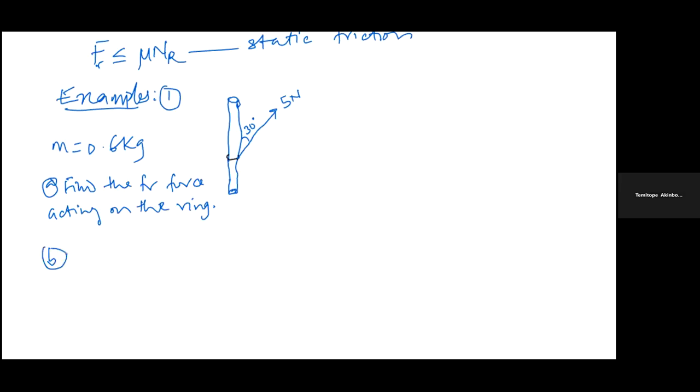Question B. The ring is on the point of sliding down the rod.